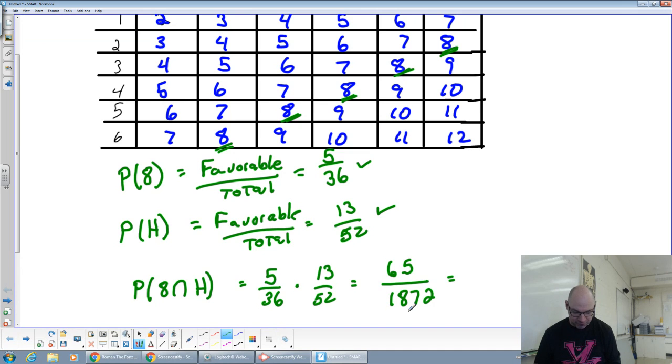You can go 65 divided by that number. And you get 0.347. A bunch of 2's after it, but we'll round it off there.